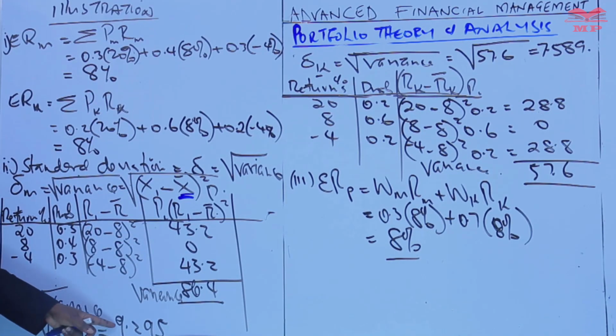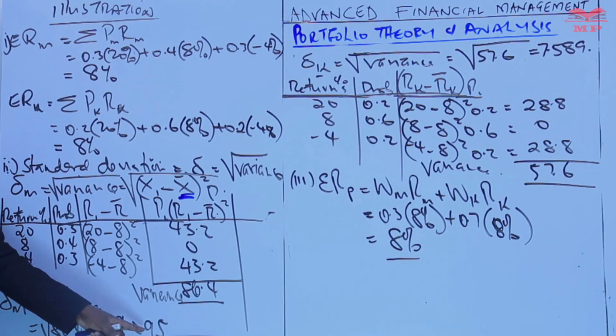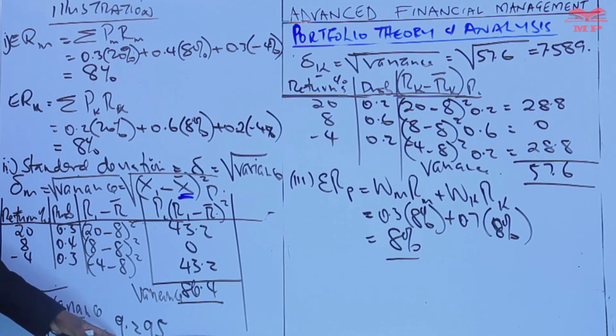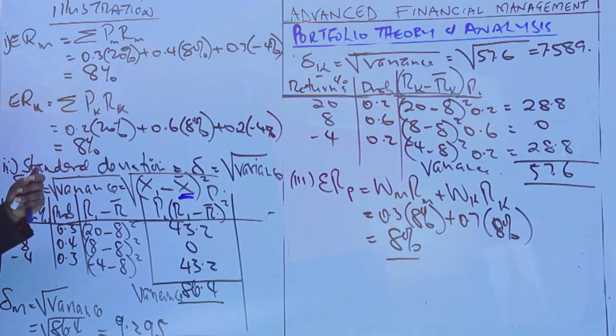It is deviating 9.295 from the standard. It measures the volatility of the security's returns.